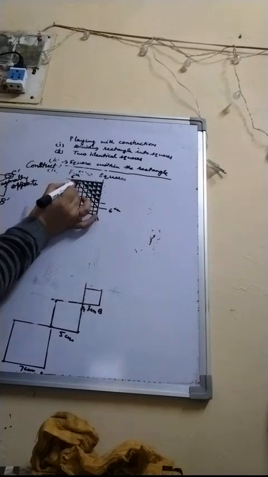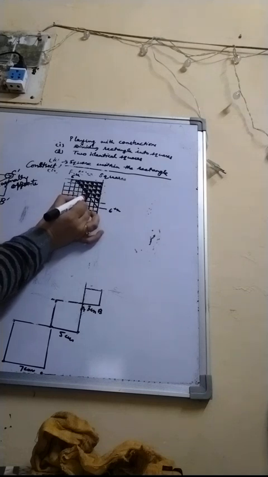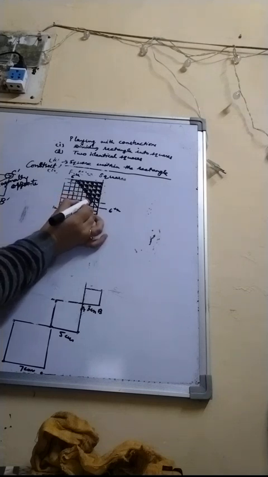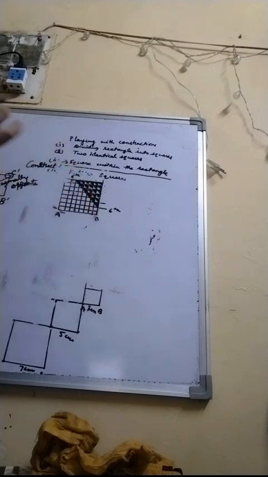And then shade the upper part of the square, leave the second part as it is. So in this manner you get the shaded portion. Okay, so in this way you can shade the square.